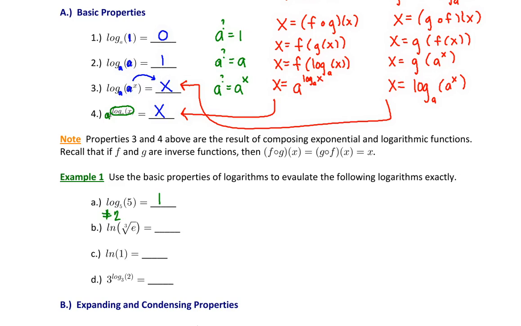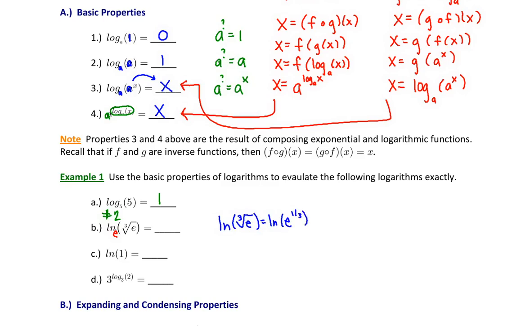The next one, we have natural log of the cube root of e. Since we're dealing with a natural log, even though it's not written, we understand that base to be e. We can think of natural log of the cube root of e as natural log of e to the 1/3.